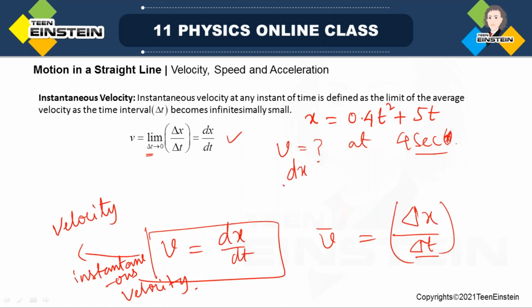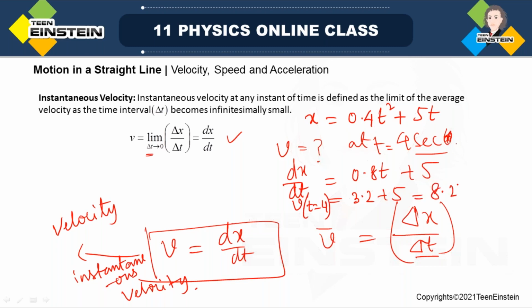You have to take the derivative with respect to time. So it will give you 0.8 into t plus 5. Now t is 4, so you put it here: 3.2 plus 5. So this is the velocity at t equal to 4. This will give you 8.2 meter per second. This is your instantaneous velocity.